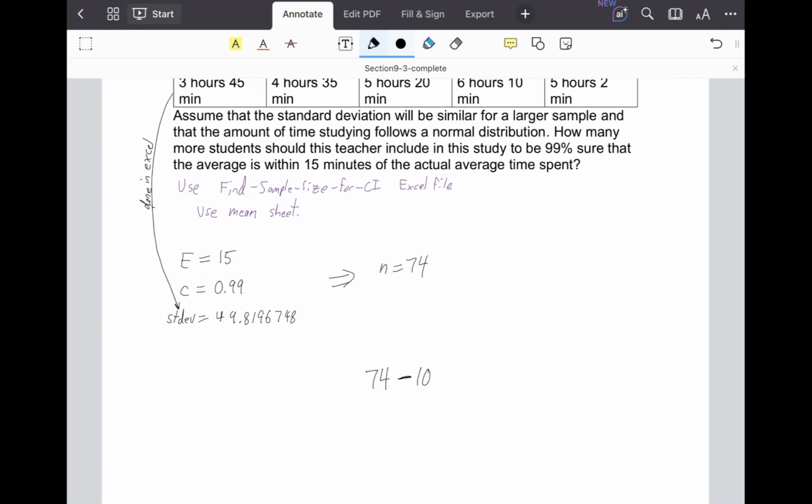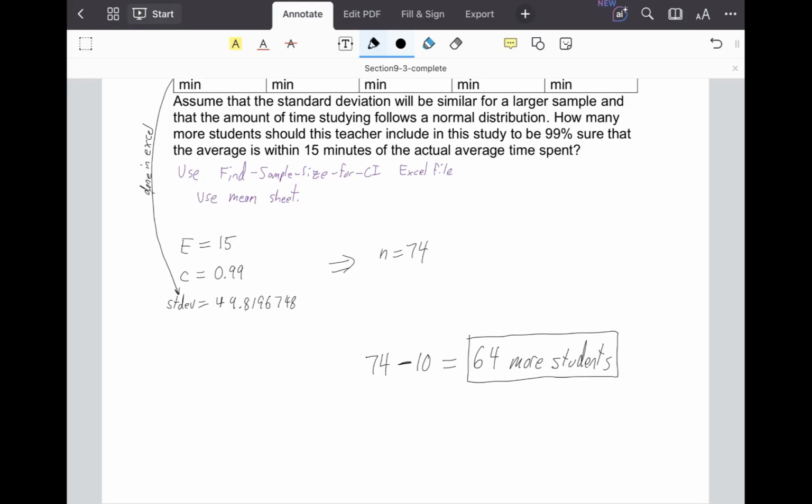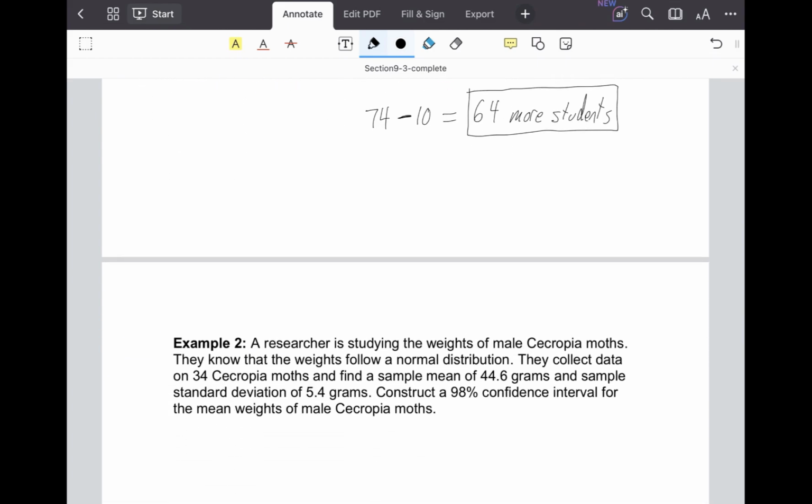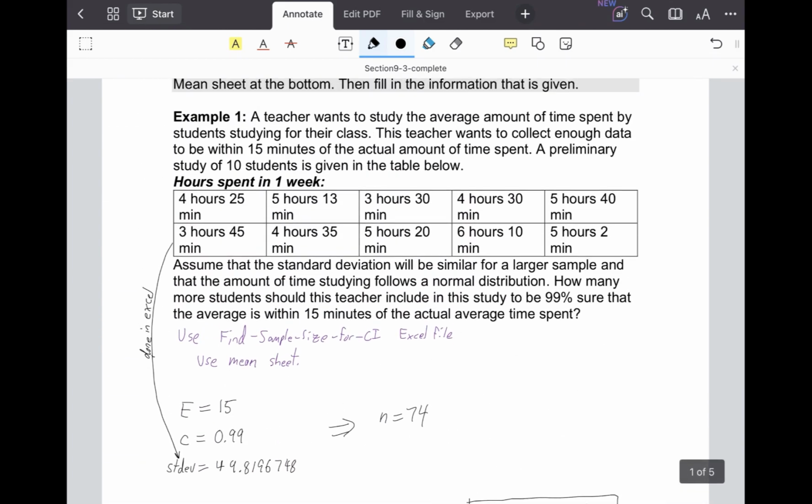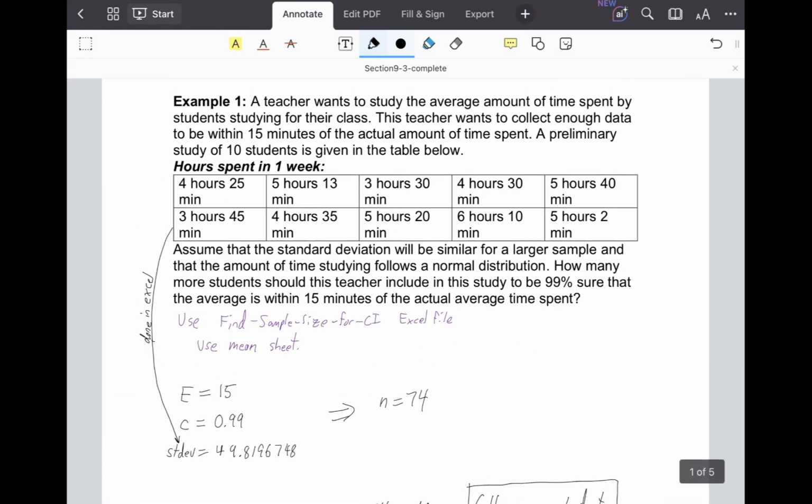So we subtract away 10, and it gives us 64 more students. Okay, that one is especially tricky.